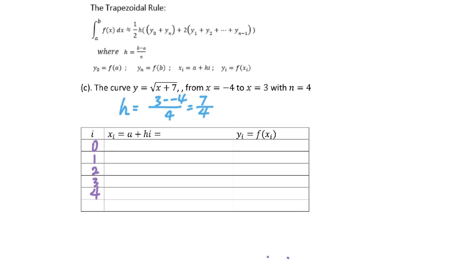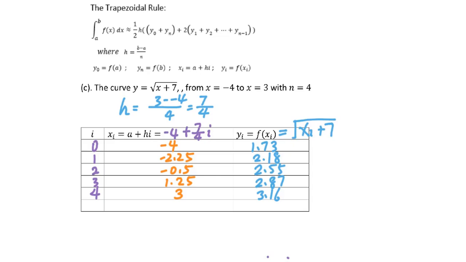The xi will be negative 4 plus 7 over 4 times i. Then you can fill out this table. Furthermore, you can fill out this yi. It will be the square root of xi plus 7.